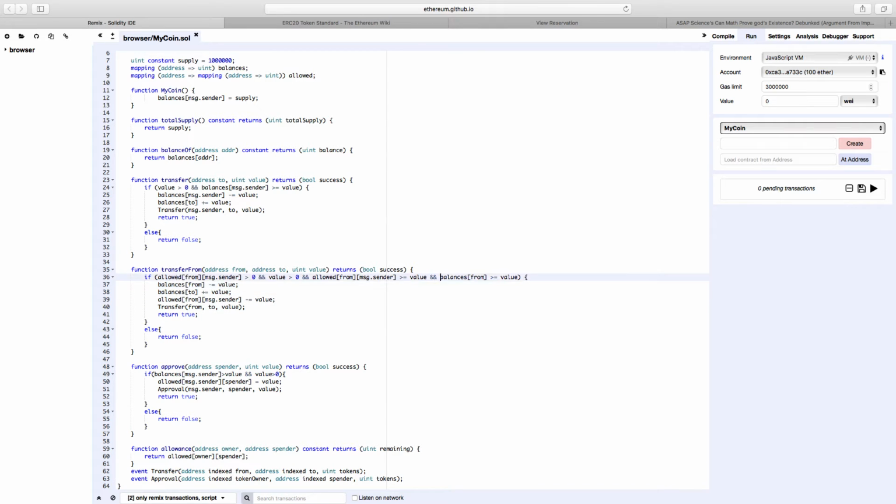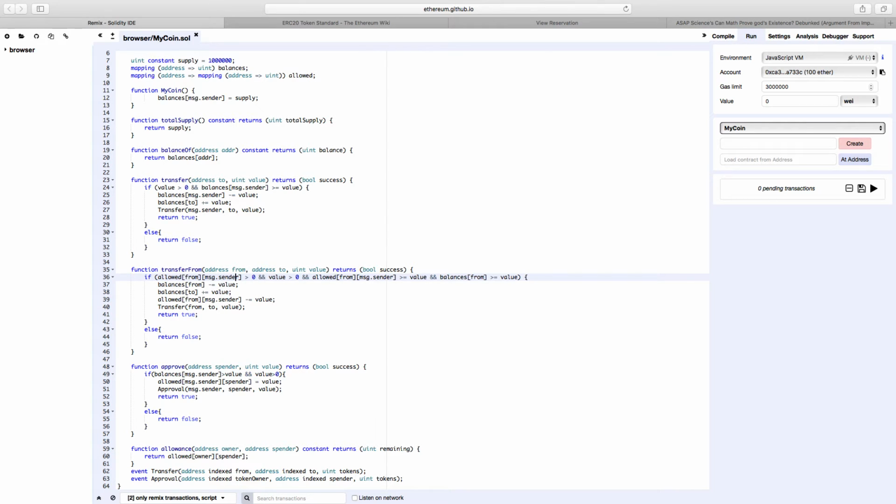Okay, great. So for the person whose account is being used to send money, we need to see if he has allowed the person who's trying to transfer the money. So the message.sender, we want to see if he has allowed the message.sender to spend any money in the first place.